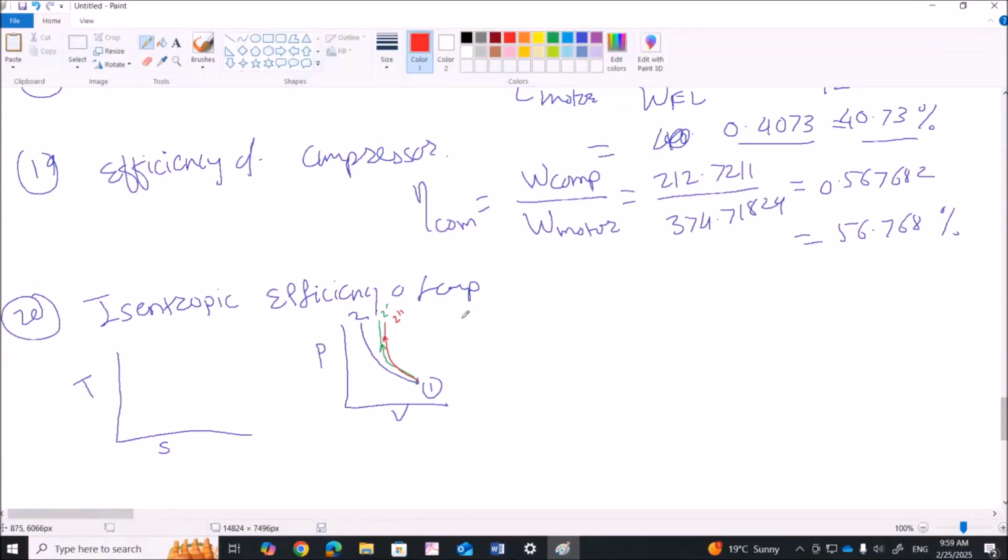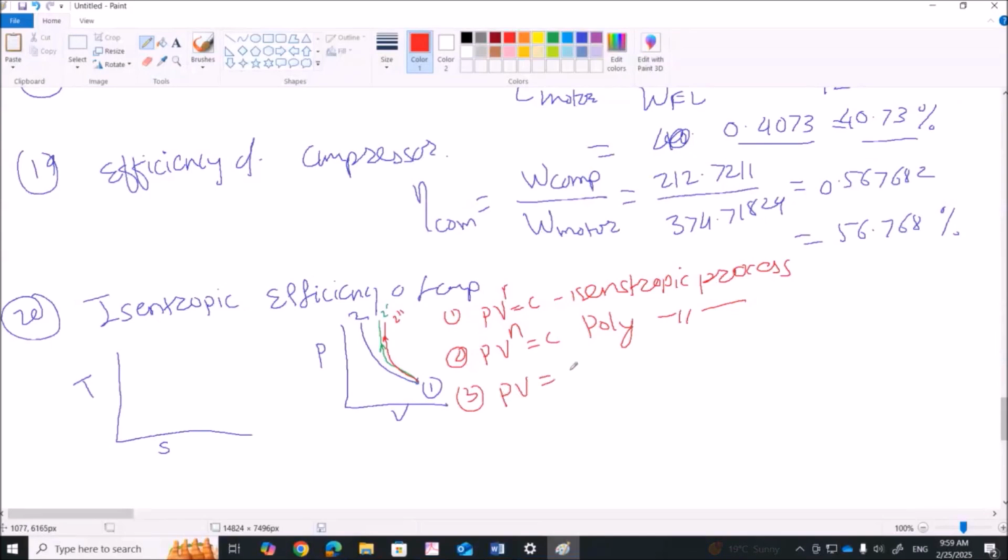The first process, PV raised to gamma is constant, is called isentropic process. Second, PV raised to n is equal to constant is called polytropic process. And third, PV is equal to constant is called isothermal process. So here T1 and T2 are not constant.